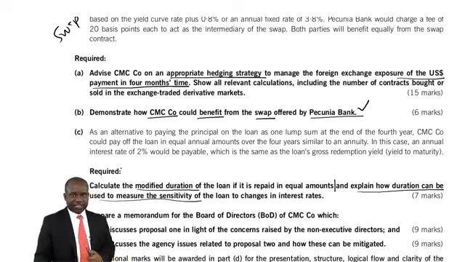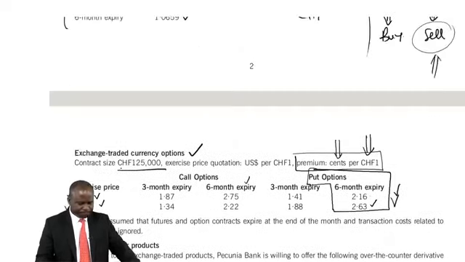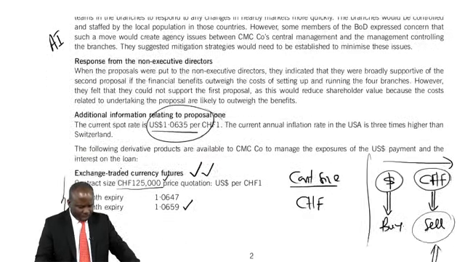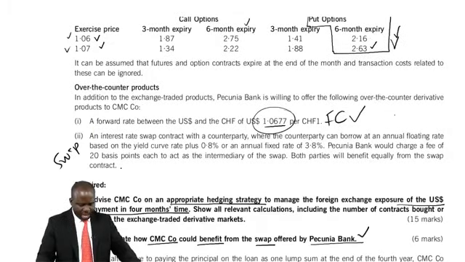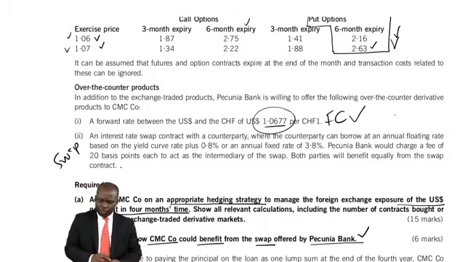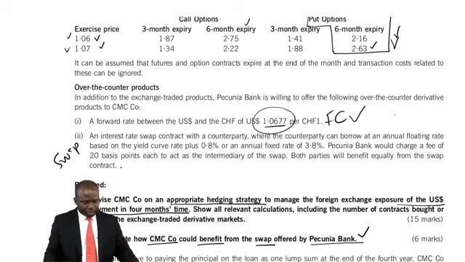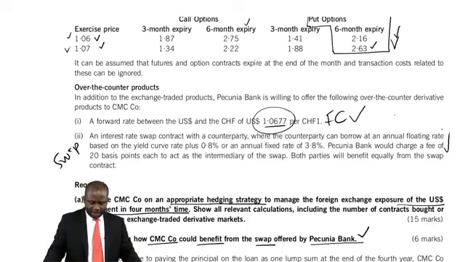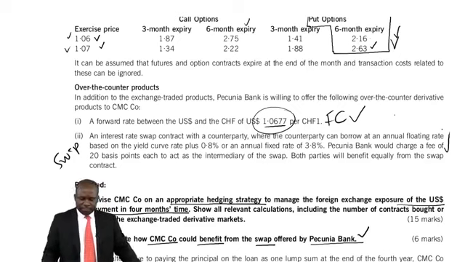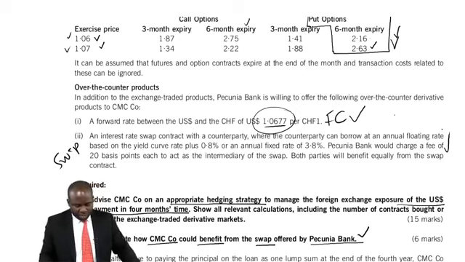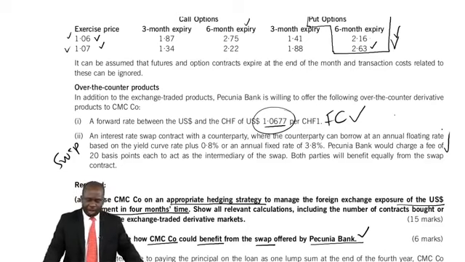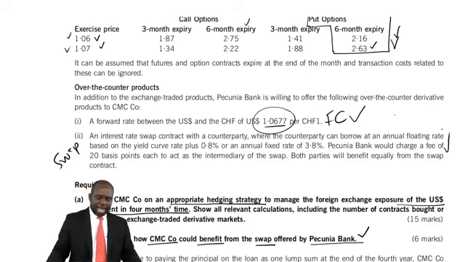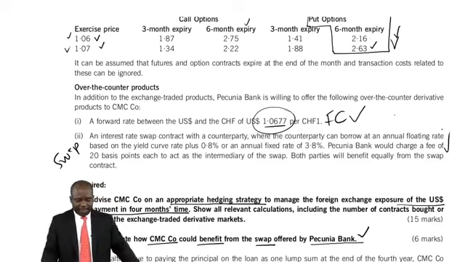And let's go to the question. This is 6 marks. You can get it within 2 minutes if you know what you are doing. Okay, so let's come here. This is where the swap arrangement, according to Pecunia Bank, is given: an interest rate swap contract with a counterparty, where the counterparty can borrow at an annual floating rate based on the yield curve plus 0.8 or an annual fixed rate of 3.8%.